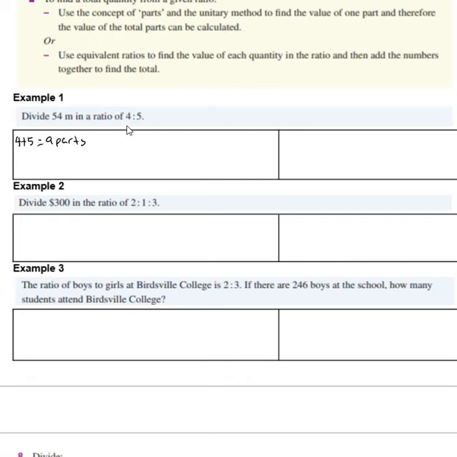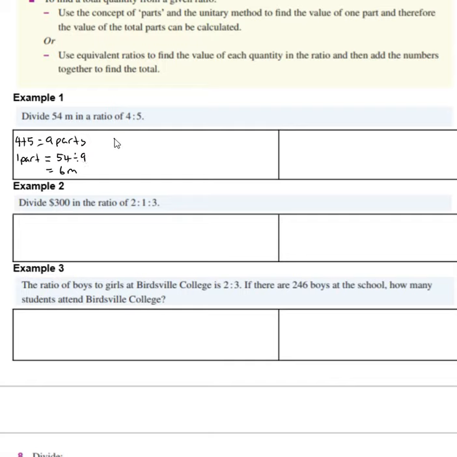Now, if I want to work out what 4 parts is equal to and what 5 parts is equal to, I know I've got the total amount. I really need to know what 1 part is equal to. So if I know 9 parts is equal to 54, then 1 part is going to equal 54 divided by 9, which is 6 meters. So 1 part equals 6 meters.